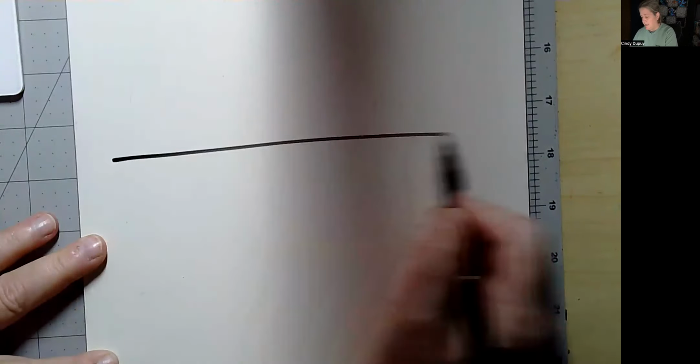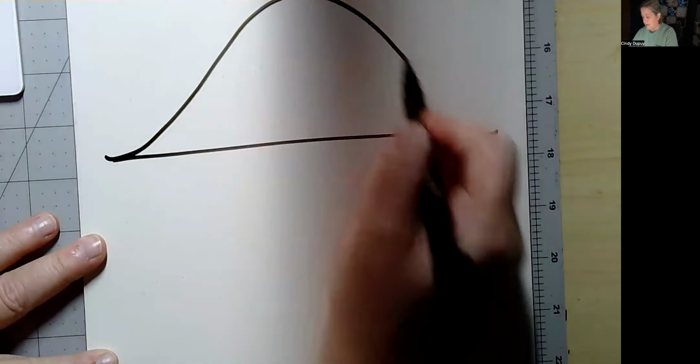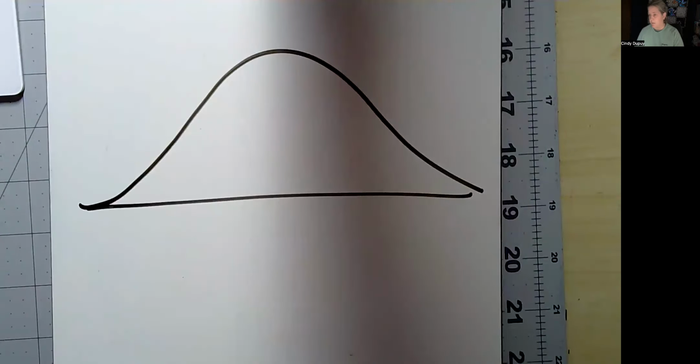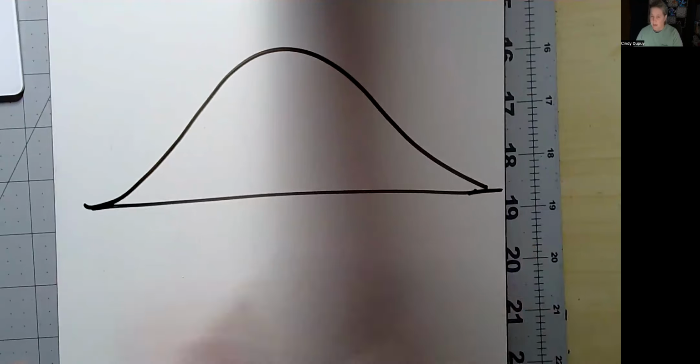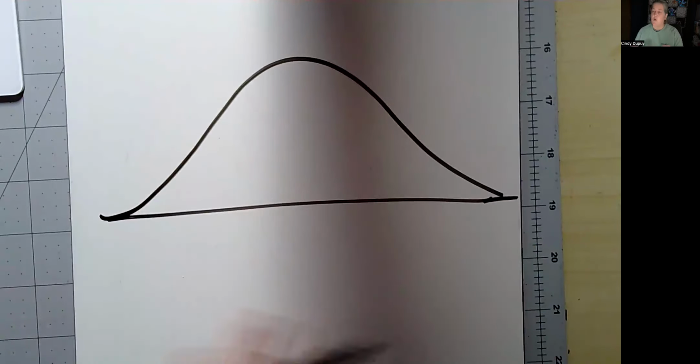And the test publishers do something very similar. So they go in and they collect the data and they say, we're going to put it on the bell curve.